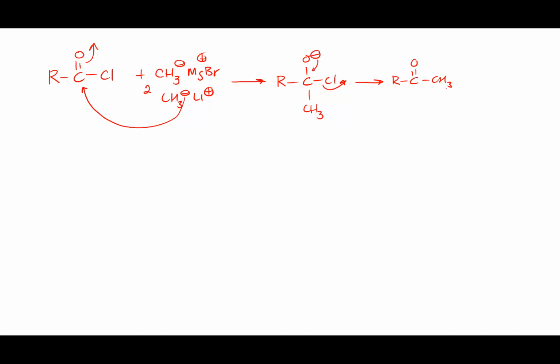Now, the problem with the Grignard or the organolithium reagent is they are very reactive. And so we always forget that we have like a bazillion of these molecules in solution.